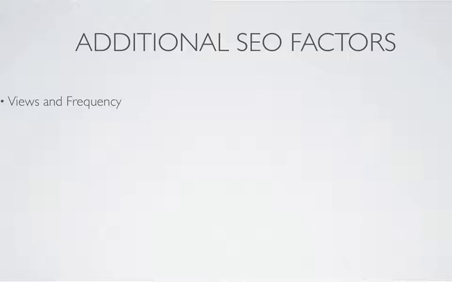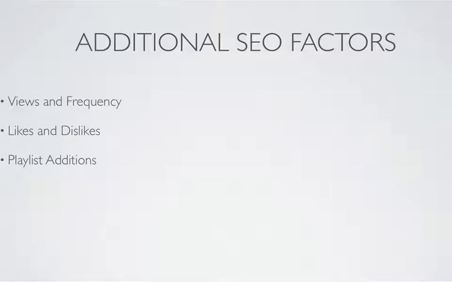YouTube also takes into consideration the number of views that the video has got and the frequency at which it's viewed, the likes and dislikes that it gets. That's basically people giving feedback as to what they think, and YouTube listens to that.